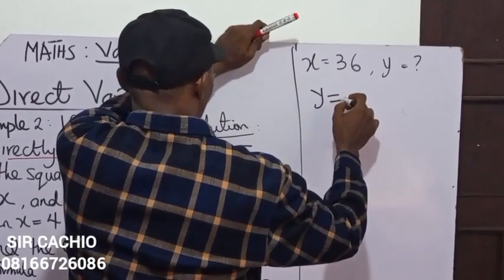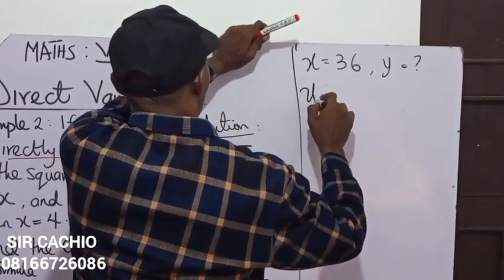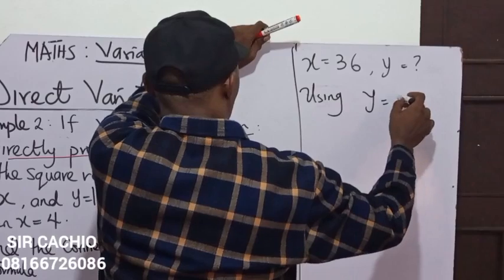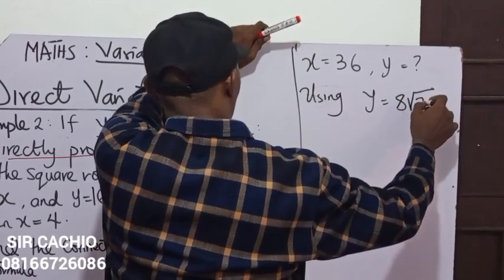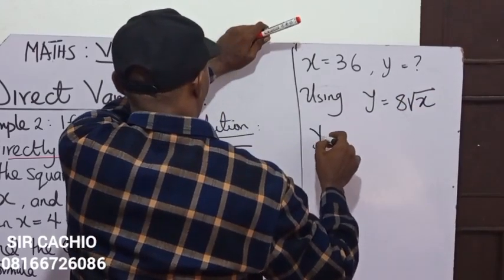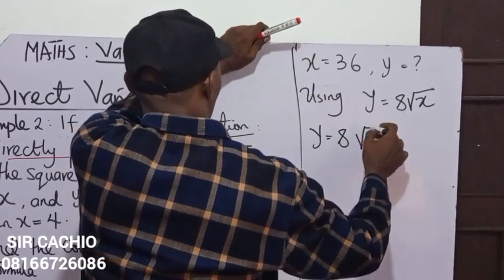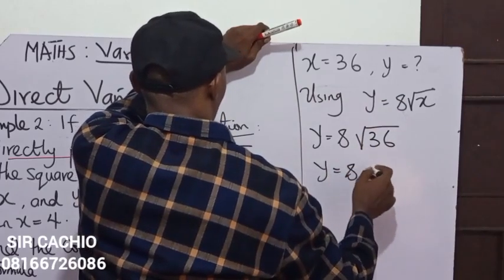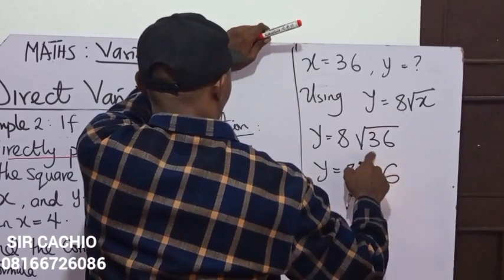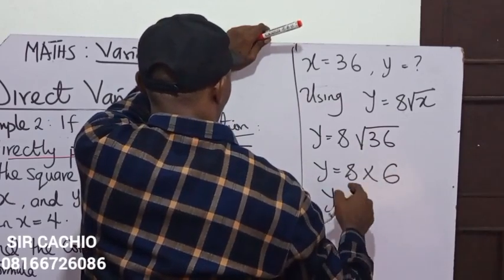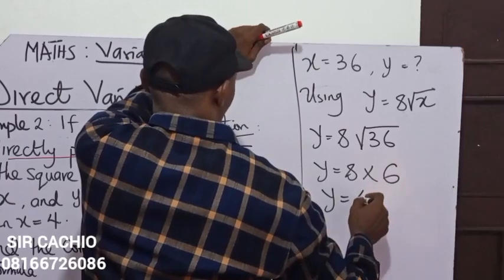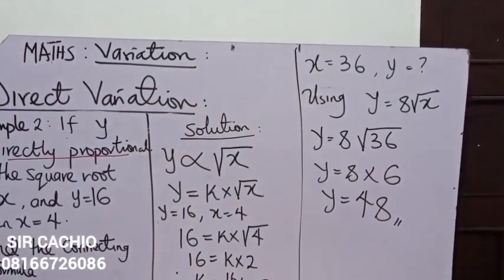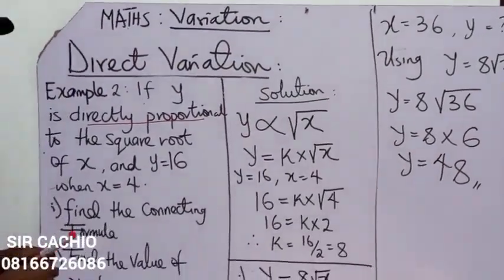Bring back y equals 8 root x. This gives y equals 8 root 36. The square root of 36 is 6, and 8 times 6 is 48. And that's just it. Let's do one more example and give our classwork.